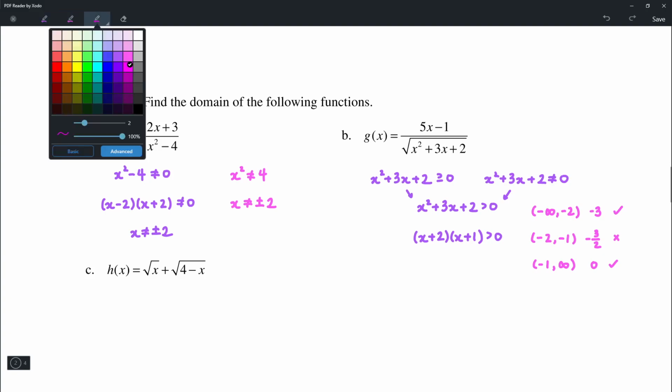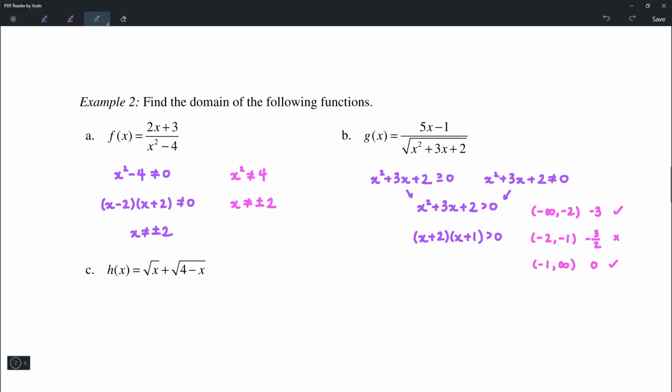So ultimately then, the domain of this function is going to be x is either from -infinity to -2 or from -1 to infinity, but not the numbers in between.